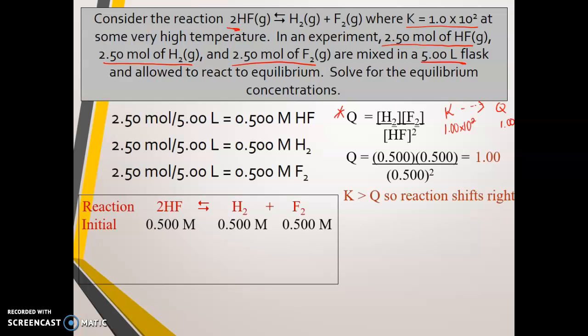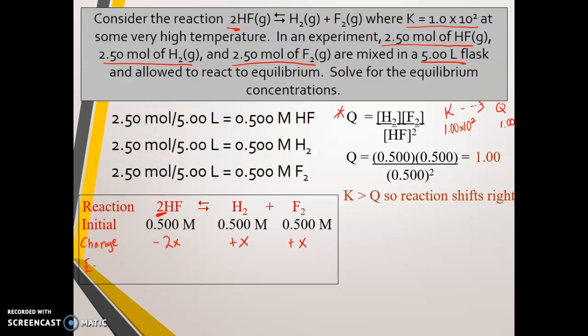Now we are going to look at the change. We are shifting to the right, so that means we are going to lose reactant and form products. So this is going to be minus 2x, and that 2, remember, comes from the 2 coefficient, and then plus x, 1x, just because we only have one of those, and then plus x for F2.